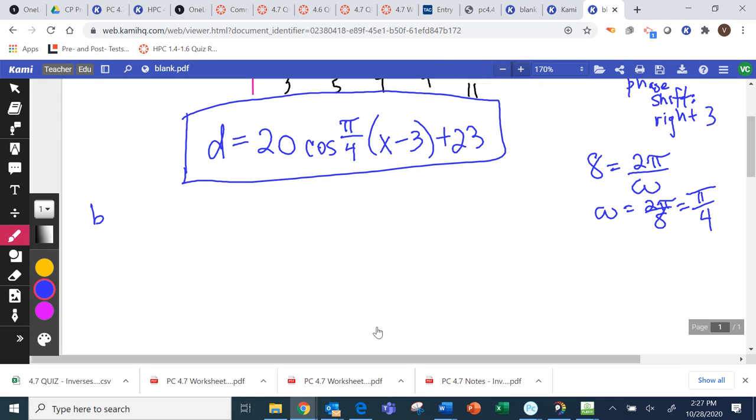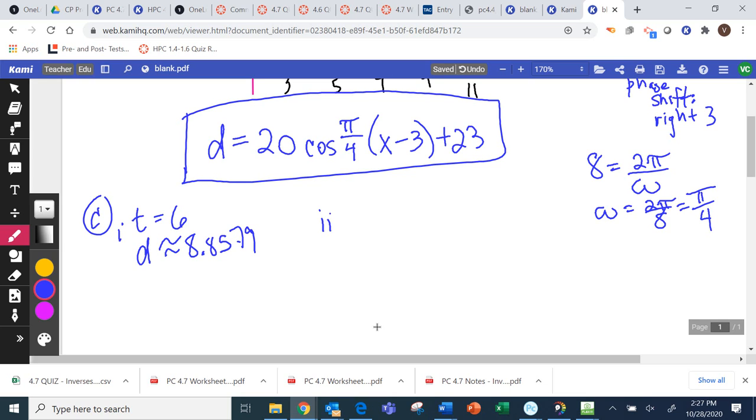Actually, it's part C. So when time is 6, we get the distance is approximately 8.8579. And that's for the first part.